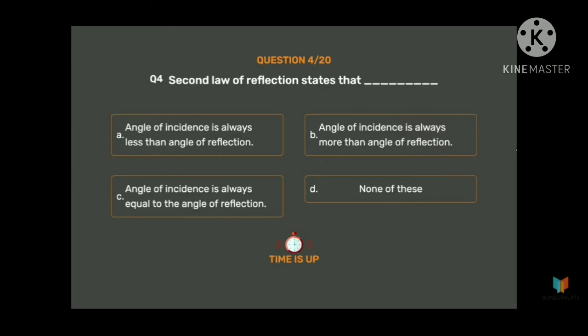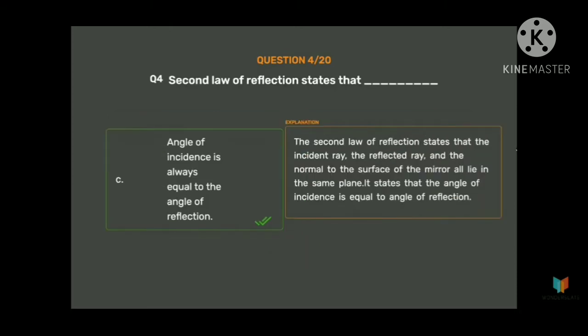The correct answer is option C, angle of incidence is always equal to the angle of reflection. The second law of reflection states that the incident ray, the reflected ray, and the normal to the surface of the mirror all lie in the same plane. It states that the angle of incidence is equal to angle of reflection.